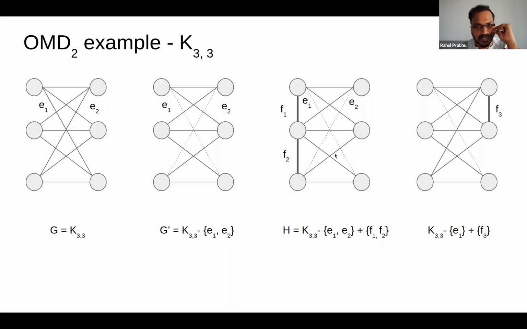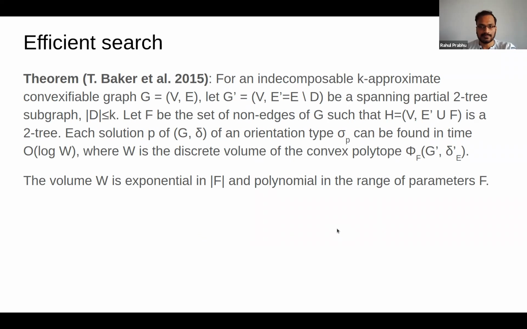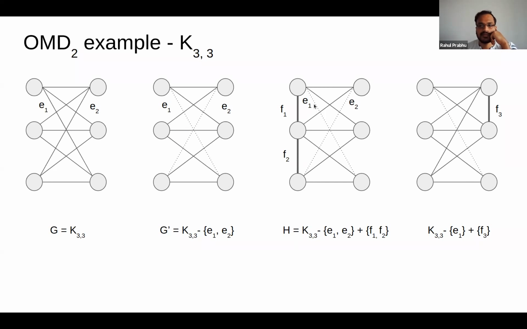It also turns out that the theorem said there is a way of doing this optimal modification such that you have to remove at most k edges to get this optimally modified graph. But for K33, there is another way of doing it. All you have to do in this case is drop just one edge.